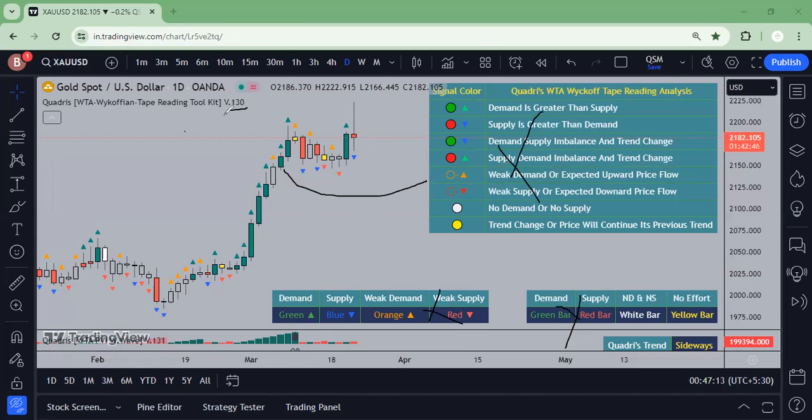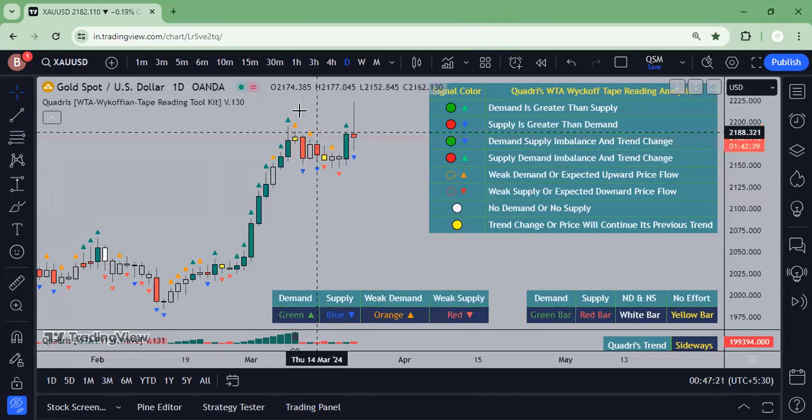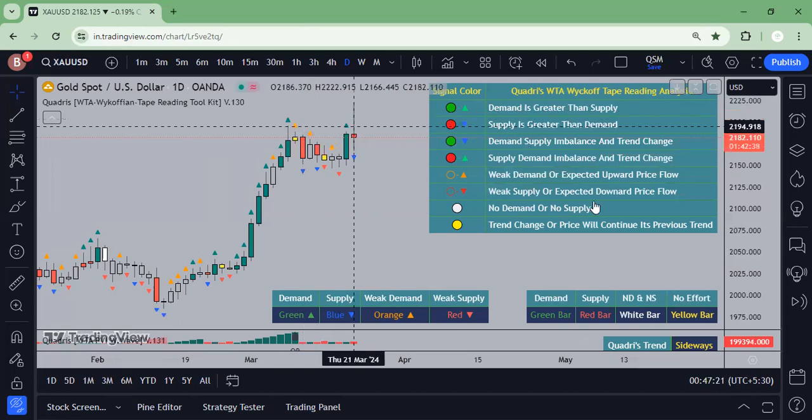For that purpose, this new update helps you get all this information on the candle itself. The people who are using VSA know this very well.